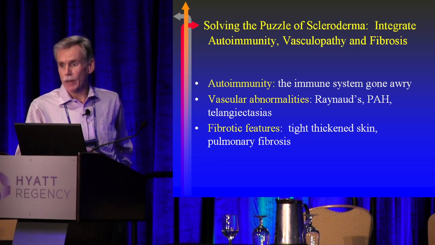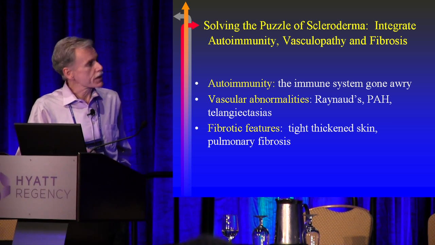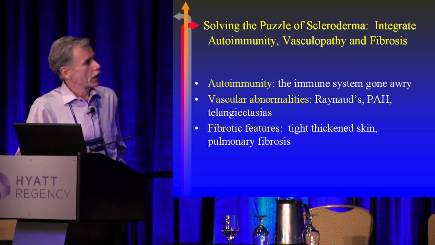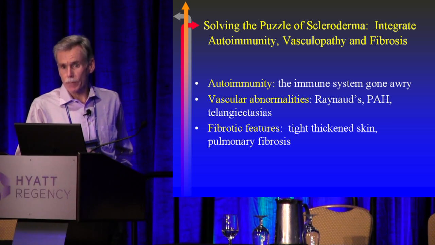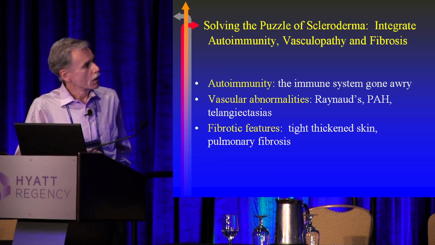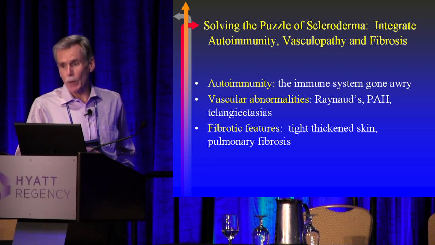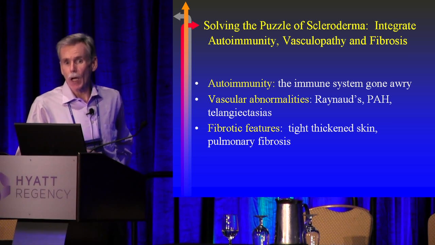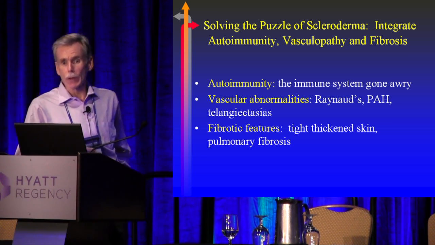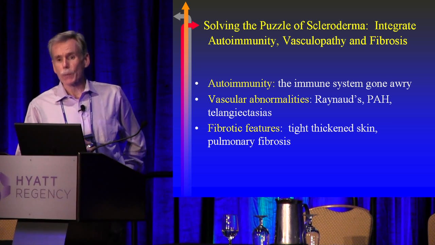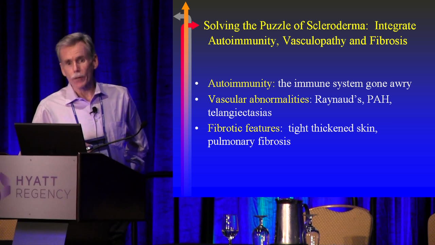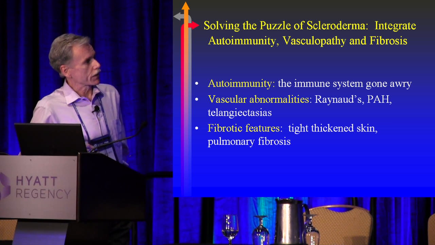And the scarring that characterizes the disease in the skin and in other organs is really not seen in any of the other autoimmune diseases. You certainly can see pulmonary fibrosis, a relatively common complication, in scleroderma and rheumatoid arthritis. But you don't see the widespread fibrotic thickening in other organs and in the skin that characterizes scleroderma.